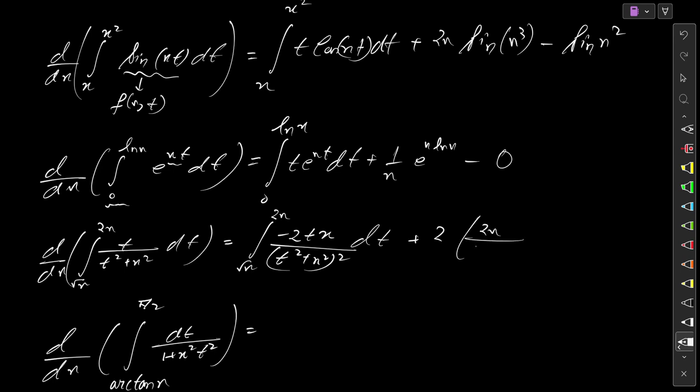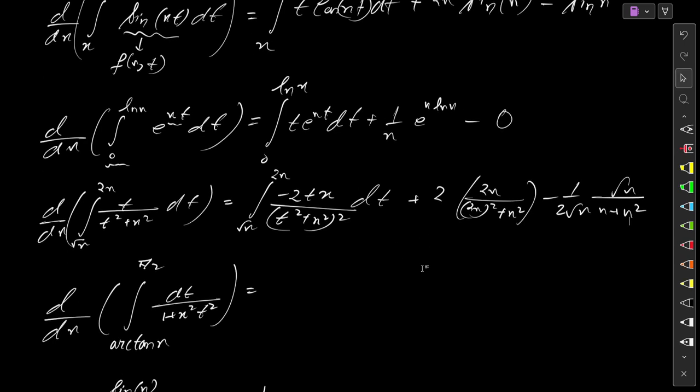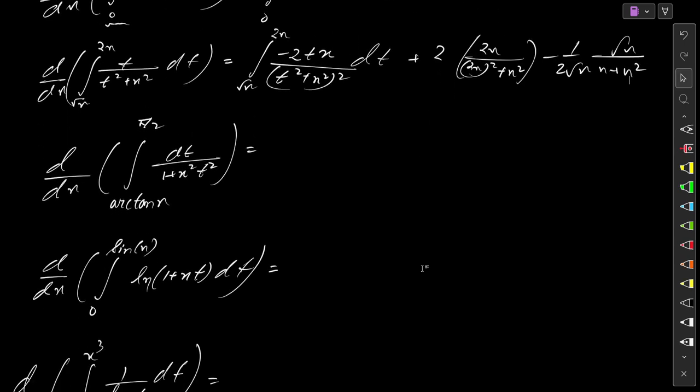That would be 2x over 2x whole square plus x square, minus half root x over x plus x square. Right, so this is our answer.